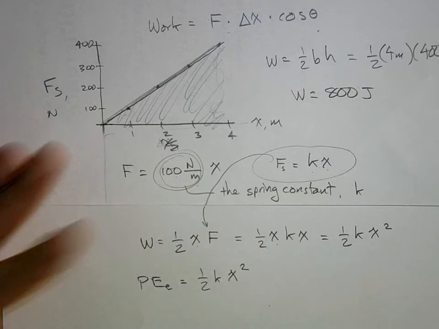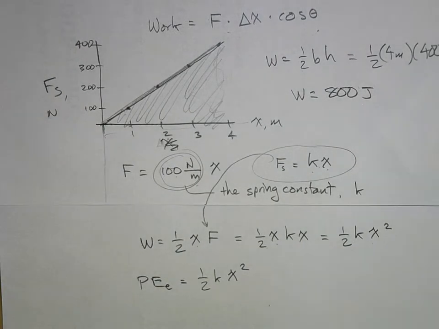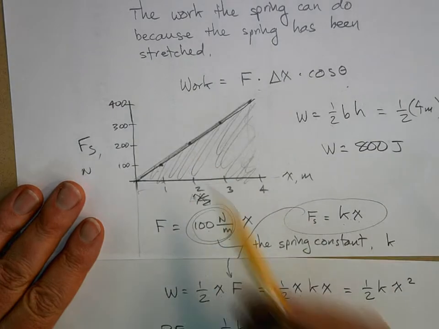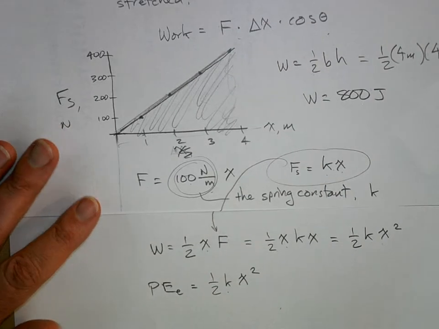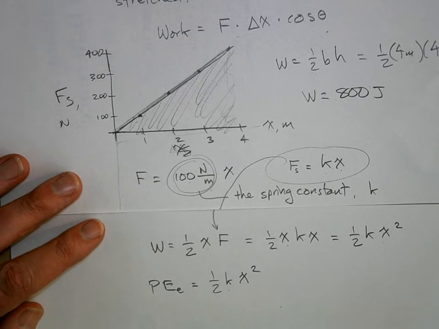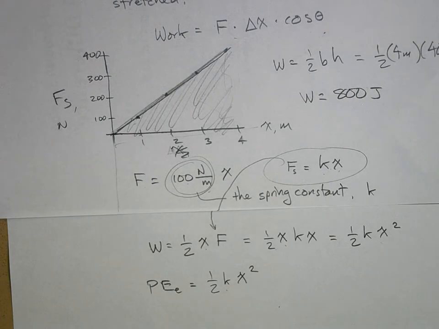But what you have to know is that this k right here is a property of the spring. It's the spring constant. And this really only works for what we call linear springs. There are some springs that don't behave in this nice, beautiful linear fashion, so you can't really use this equation for nonlinear springs. But in this class, we're going to assume that springs are linear.